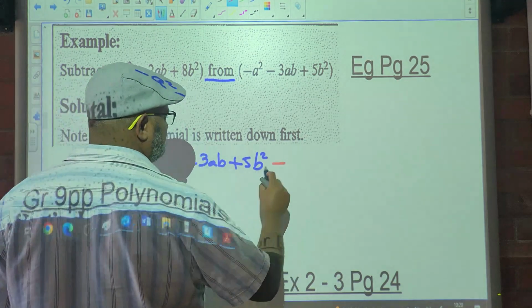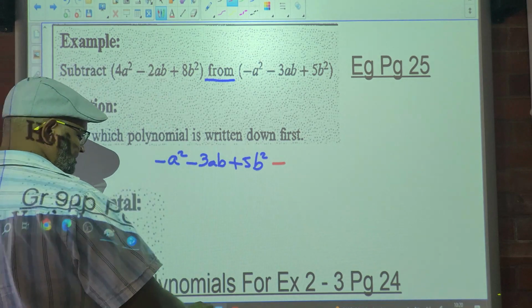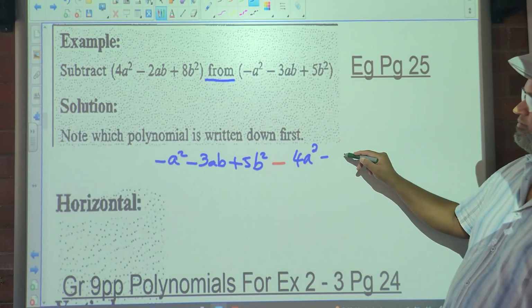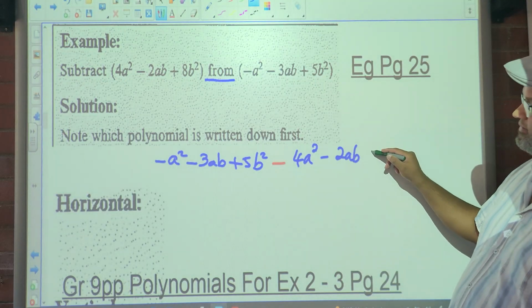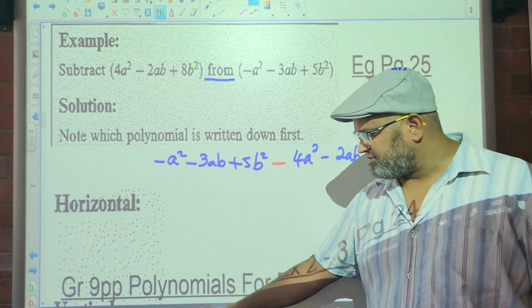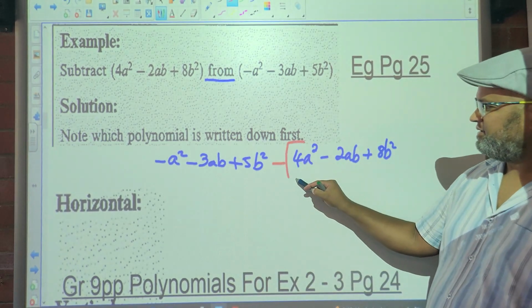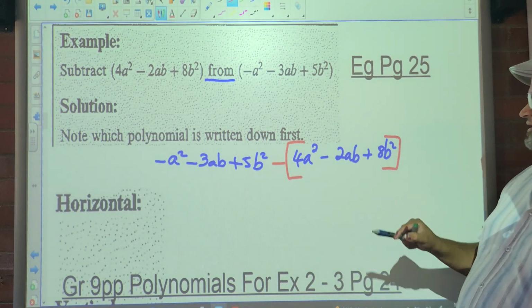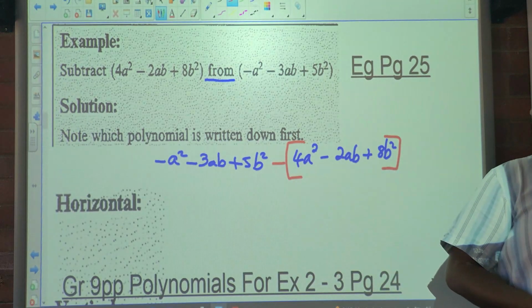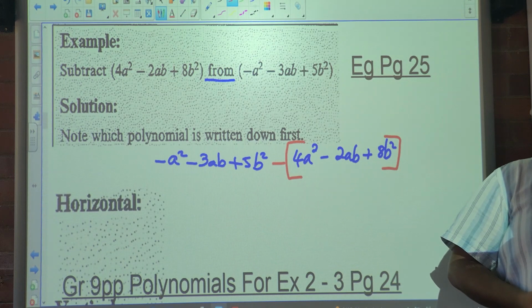Minus what? 4a squared minus 2ab plus 8b squared. But what did you say must come here? A bracket, because the whole expression must be subtracted. You guys understand?